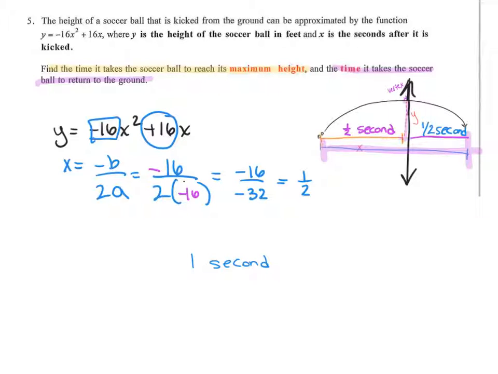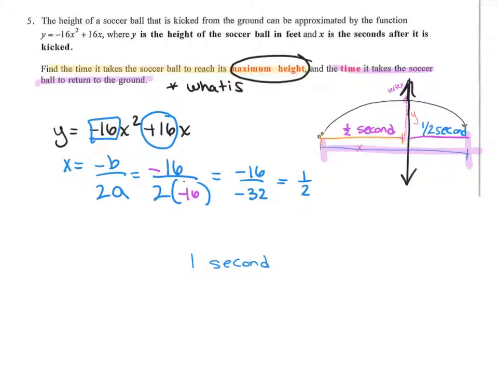Now, what if it asks you, in addition to this, what is the maximum height that it reached? Well, if I am asked to find the maximum height, what they're really trying to find is the value of y when I am at the highest point.